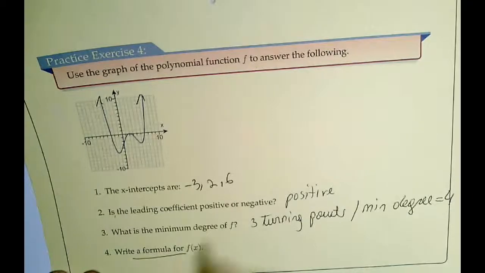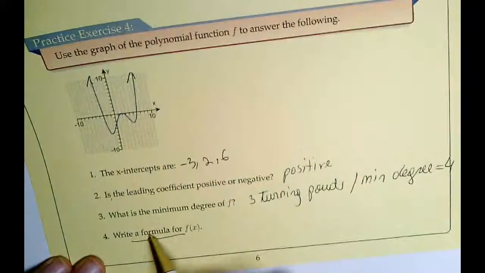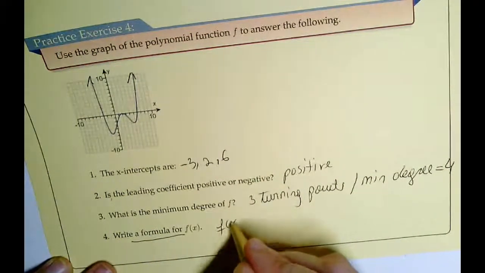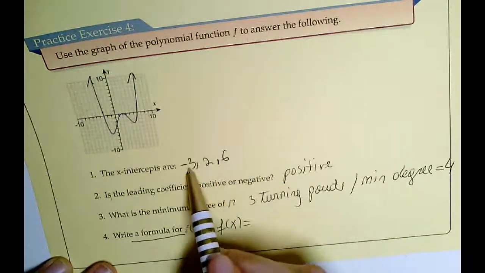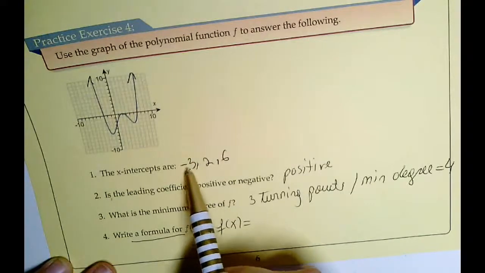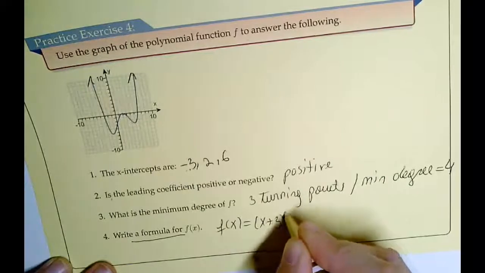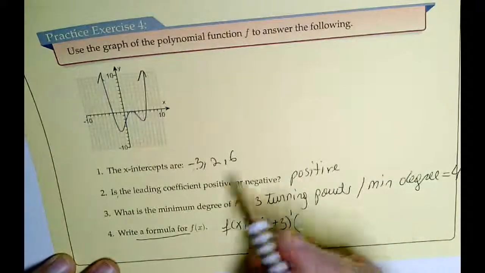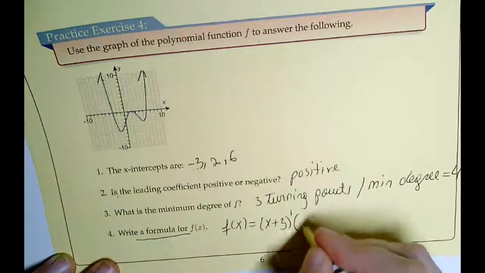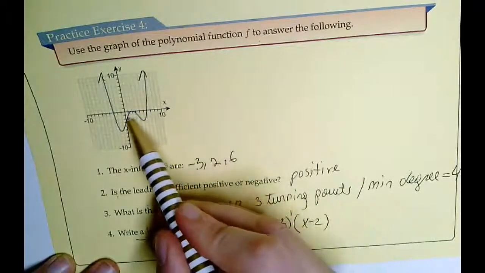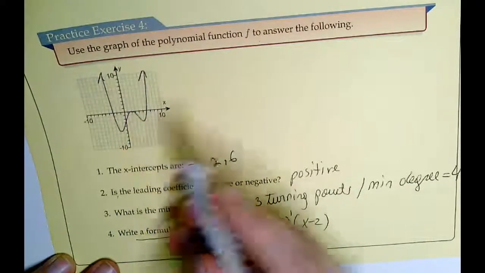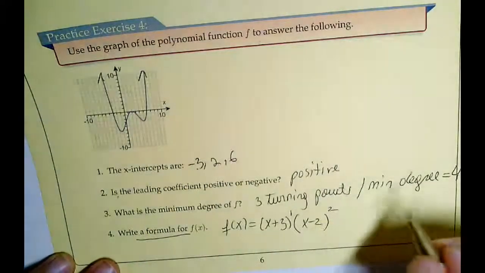Can I write a possible formula? This is not going to be an exact formula, just a possible formula. f of x equals, since it straight up crosses at -3, it's just going to be x plus 3 with multiplicity 1. At 2, I'm going to have x minus 2, but it has to have even multiplicity, so let's say 2.